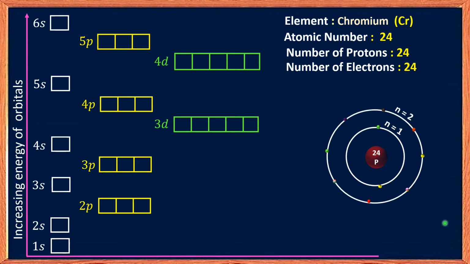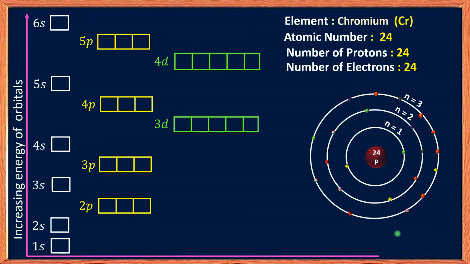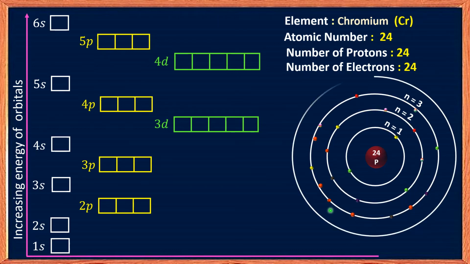In n equal to 2, the second orbit contains 8 electrons. And there are 14 electrons revolving in n equal to 3, that is in the third shell. Next, in n equal to 4, there are 2 electrons. Actually, these 2 electrons belong to the 4s orbital.